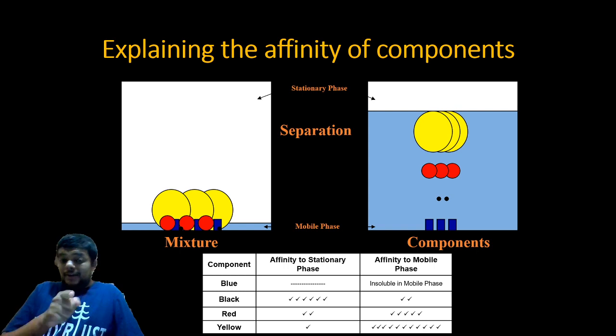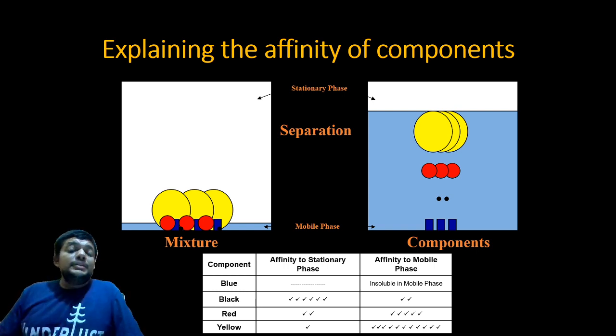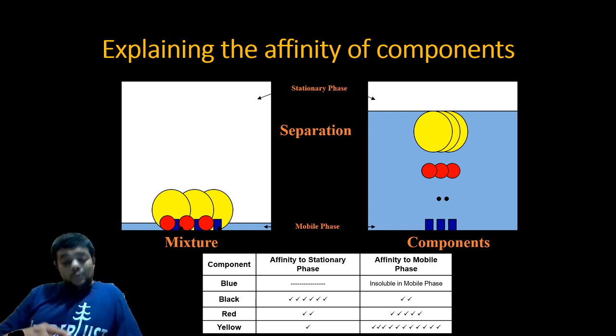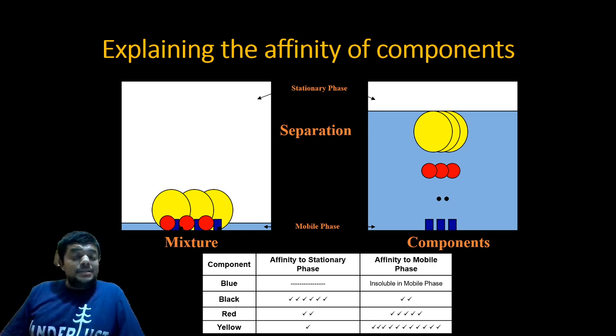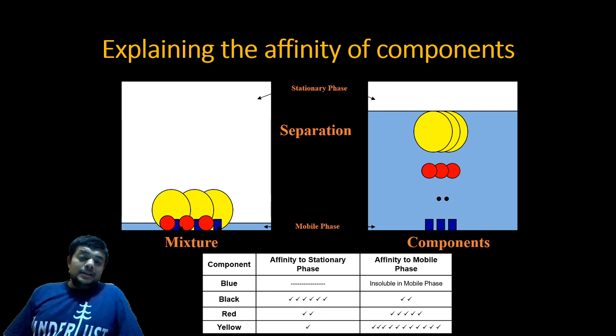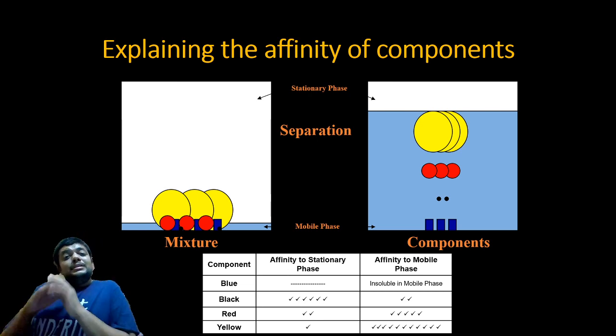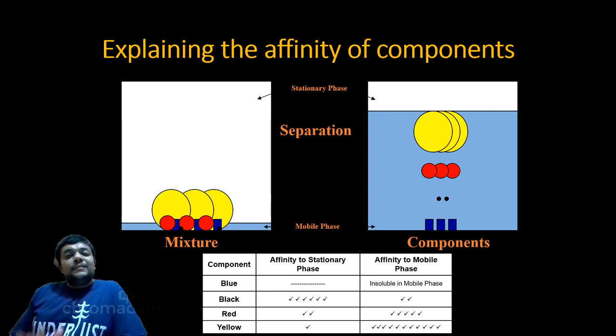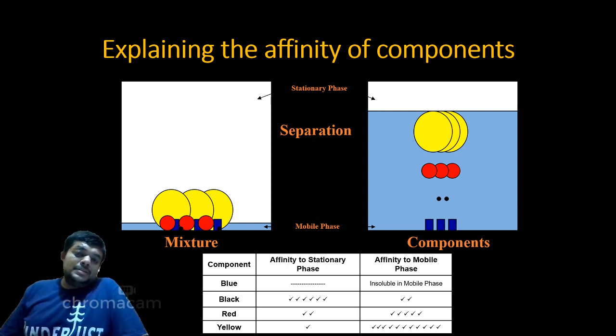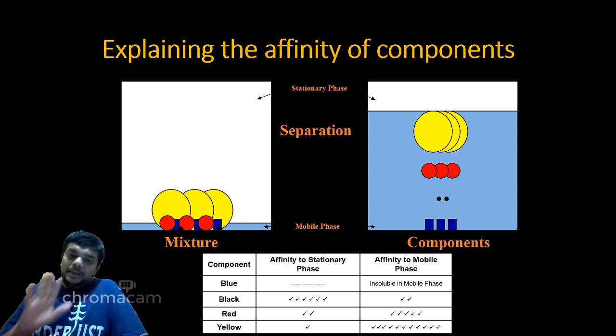And this is explained very well by the box given below. Remember, the particle that moves the most in TLC has the least attraction with the stationary phase, and the particle that moves the least has the most attraction with the stationary phase. I'll repeat it once.